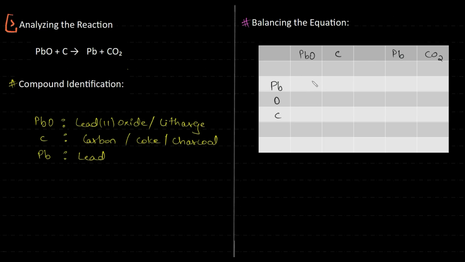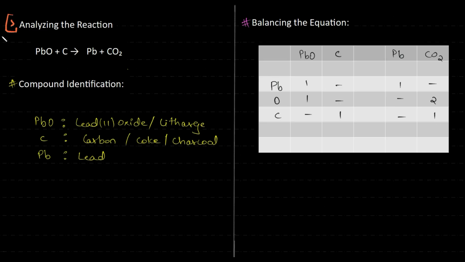Then we are going to map. So in lead oxide, we have lead to be 1 and the number of oxygen atoms is 1. So this is 1, 1 and none. Then Pb is 1, none and none. None, oxygen is 2 and this is 1.